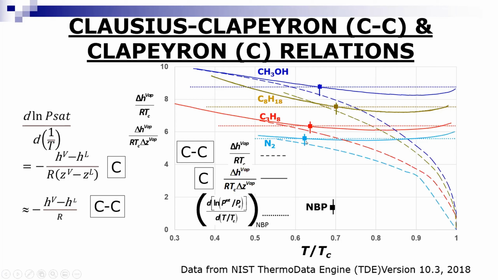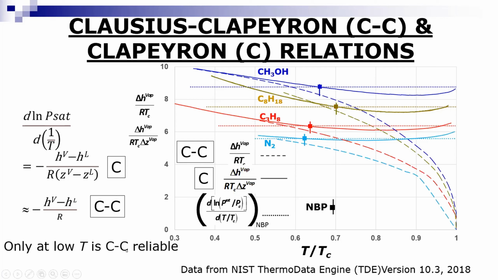And if you look at it, you can see that even if you get the value at the normal boiling point and use the Clausius-Clapeyron equation, you're not going to get the right value, because there's a separation between the value of the rigorous equation and the approximate equation, which occurs all the way along.